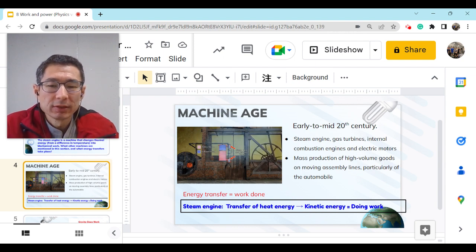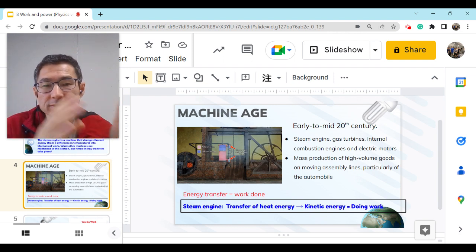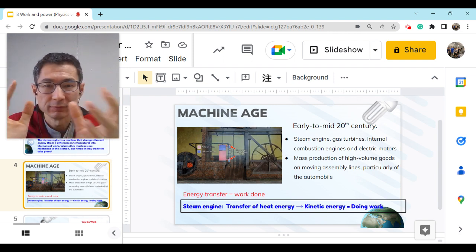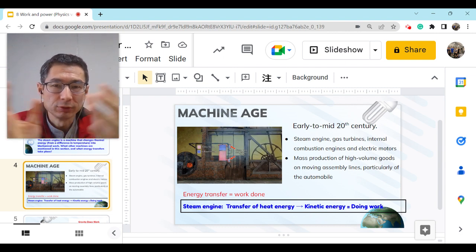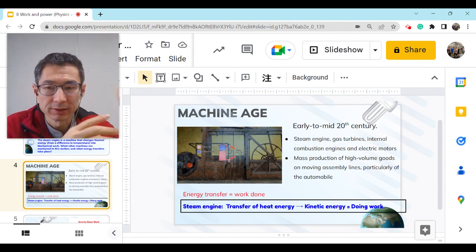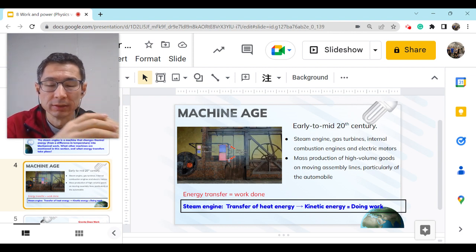Okay, so an engine as a machine, a steam engine, transfers energy from one form to another form, isn't it? From stored chemical form, like in the form of coal or petroleum oil, to mechanical energy or kinetic energy, which is something that has a speed or something turning, moving.